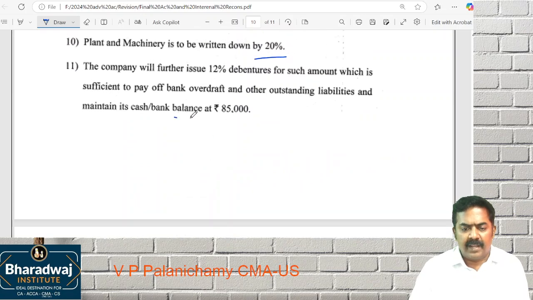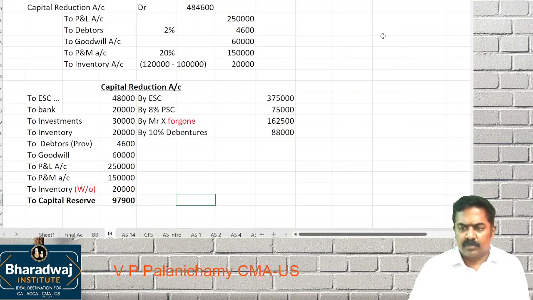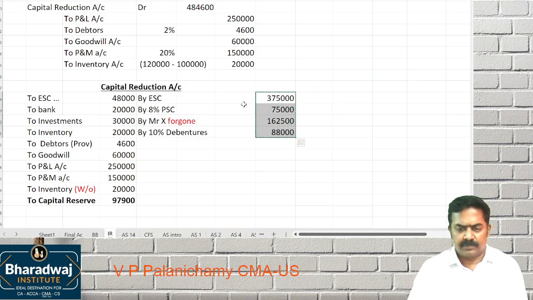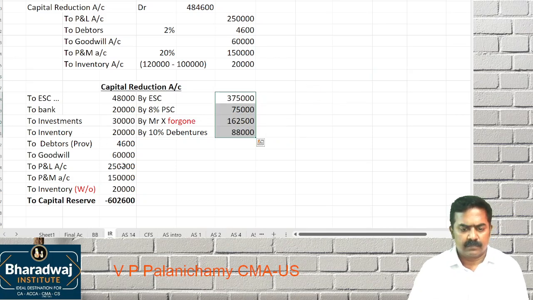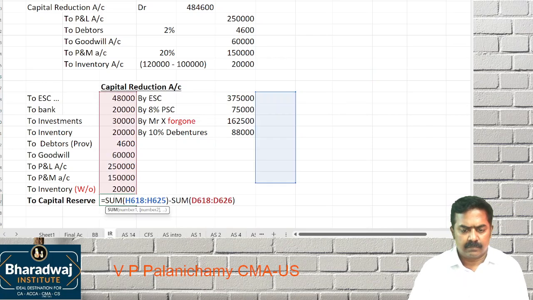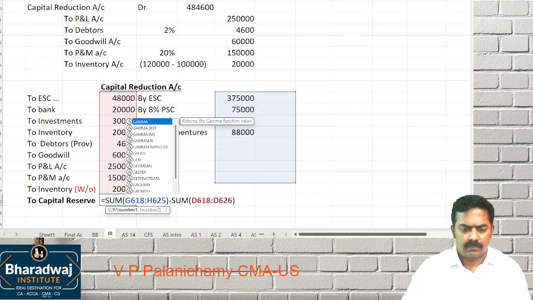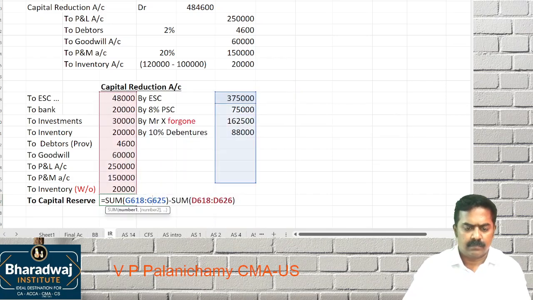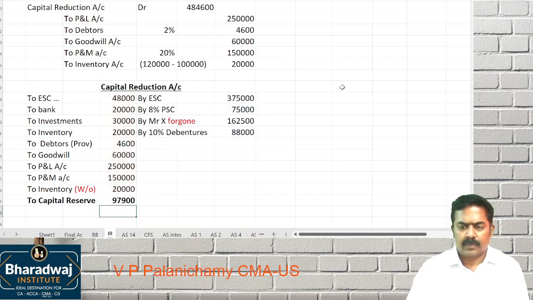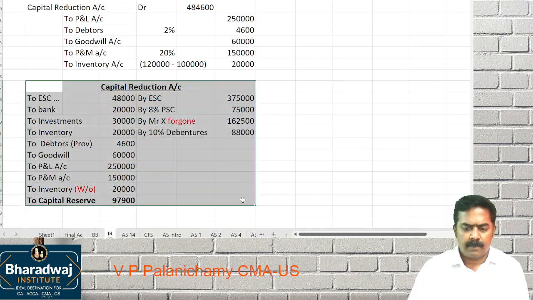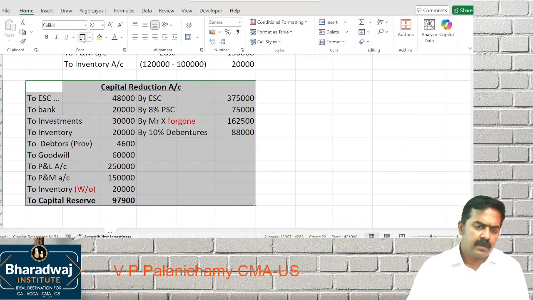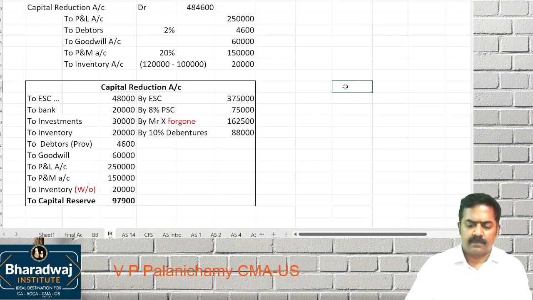We want to maintain a bank balance of how much? 85,000. For that it is very simple. We can prepare the bank account. Opening balance is OD or normal balance?